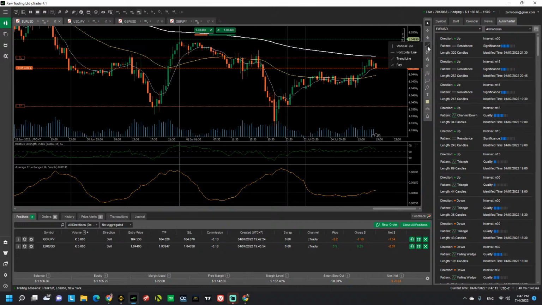Technically, if you're looking at it, it's in an upward trend line. But my reasoning is it hit the 200 moving average. So in theory, it will give a bounce. Now it might bounce only until here and then go up.